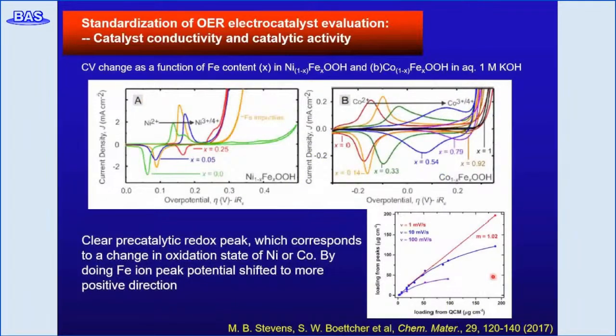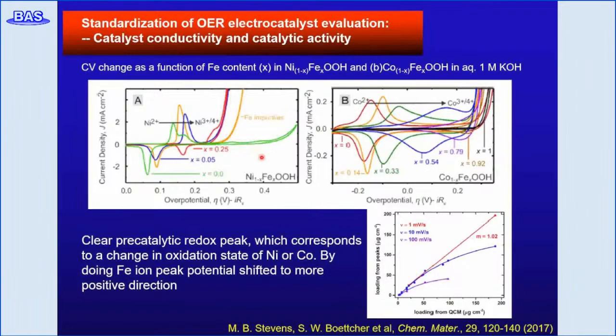Iron-doped nickel or cobalt hydroxide modified electrodes were prepared by the electrodeposition method, and the CV change by varying the iron amount x is shown here. In the CV, the current at higher potential regions arises from the OER catalytic reactions.